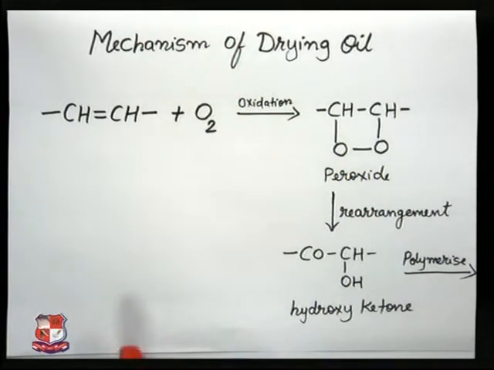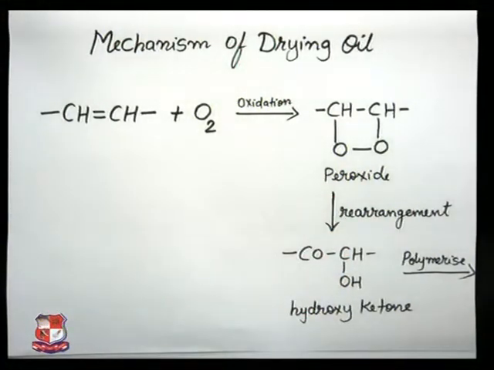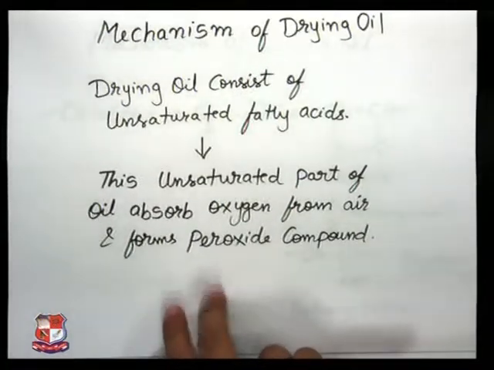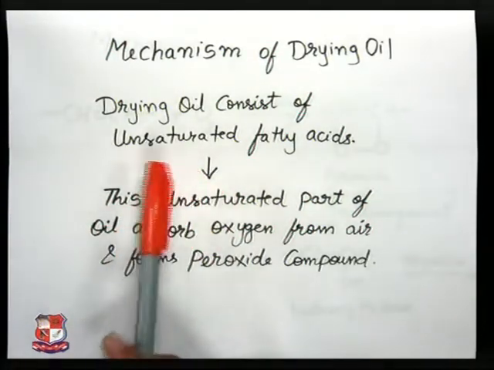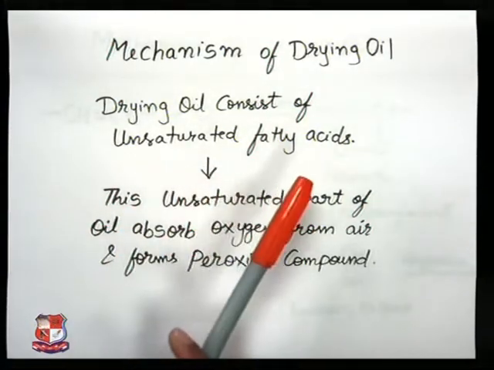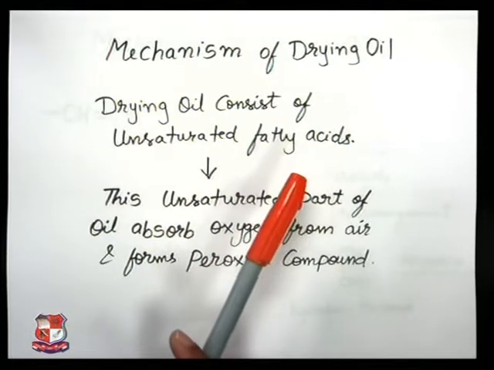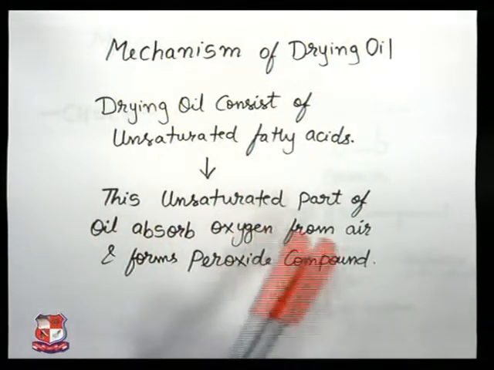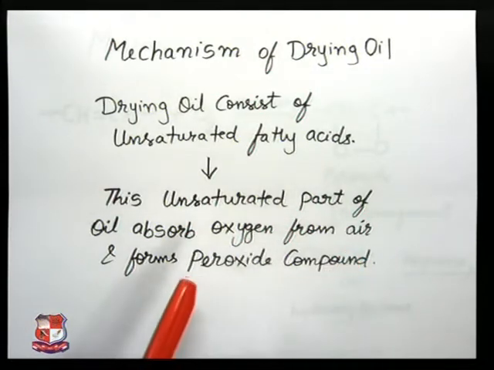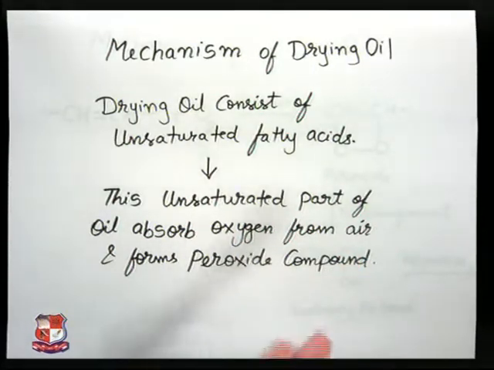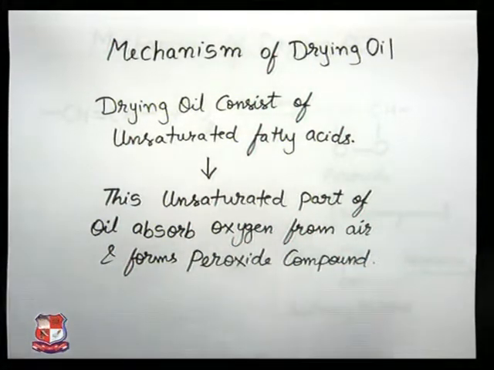Let us try to summarize this reaction in steps. We have the mechanism of the drying oil. The first point is that drying oil basically consists of unsaturated fatty acids. As shown in the diagram, these unsaturated fatty acids are going to absorb oxygen from air and form the peroxide. Now what happens to this peroxide?